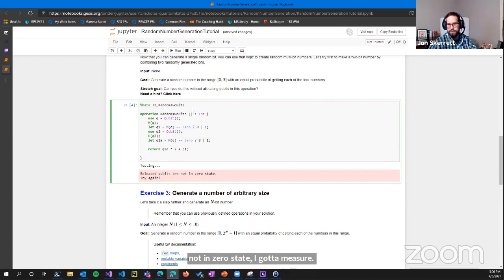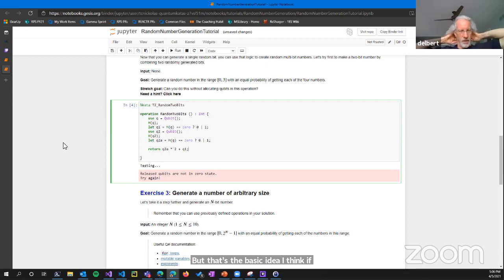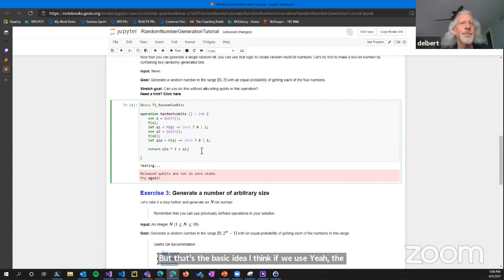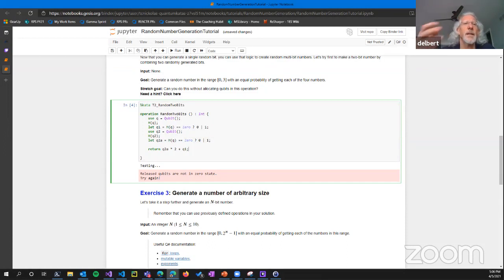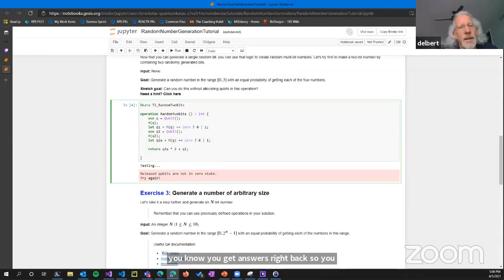I think if we use the other, M reset Z, then we should be able to return it. But yeah, I think that gives folks an idea for how the language works, and just how nice it is that you get answers right back. So you can try different things and see what effect they have.